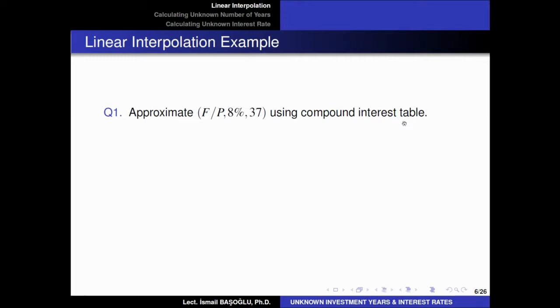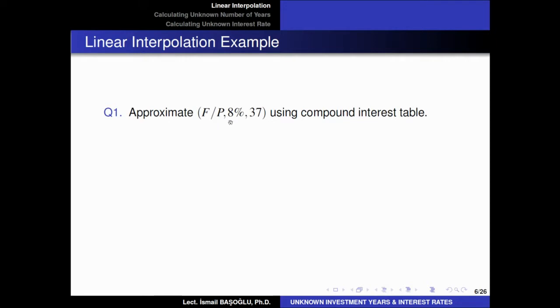Now, here in this first question, we are going to practice our first linear interpolation, and it says approximate the f over p value under 8% interest rate for 37 years. Now, actually, you know that you can calculate that value using a simple formula, right?